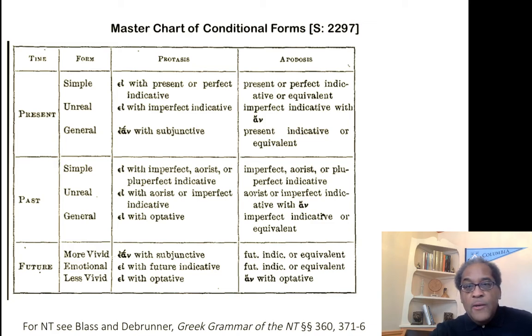Now the key here is ultimately understanding what tenses and moods go into the apodosis and protasis of each of these nine different groupings. And Smyth's overall account of conditions runs twenty pages because he's covering all the various twists and turns of it.